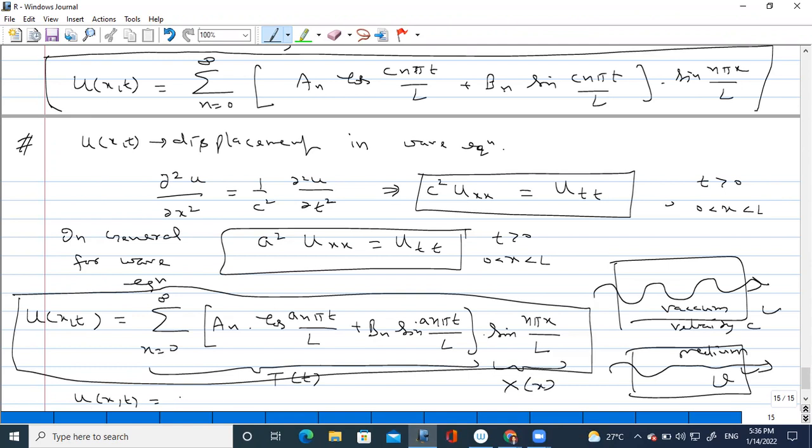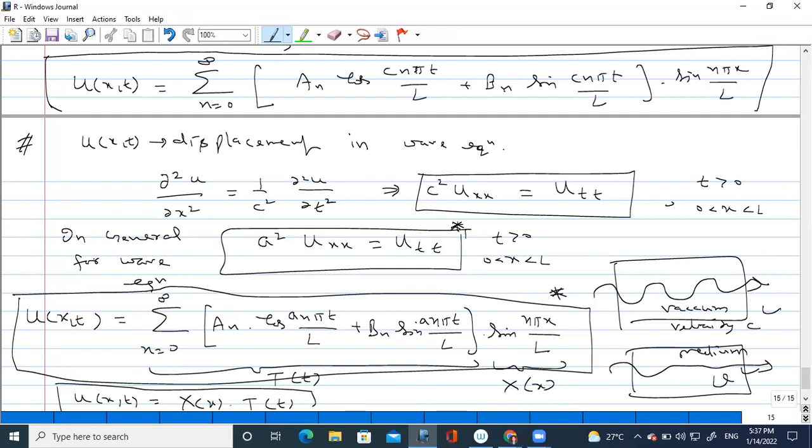So u(x,t) is nothing but X(x) into T(t). So this is the same thing. Understood? This formula you must remember. If you want to solve the problem in the exam very quickly, you will start from here only.